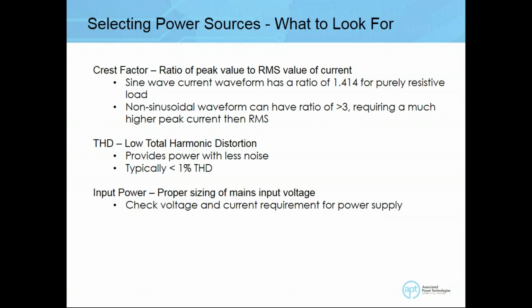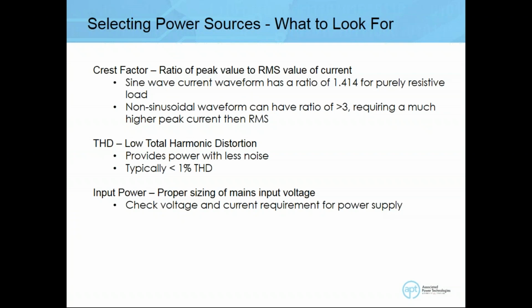Is the power supply able to handle these crest factors? A pure sine wave has a crest factor of 1.414. This crest factor could go as high as 3 or more for some of these loads connected to a power supply. So you want to make sure that the crest factor is addressed in your product specification.